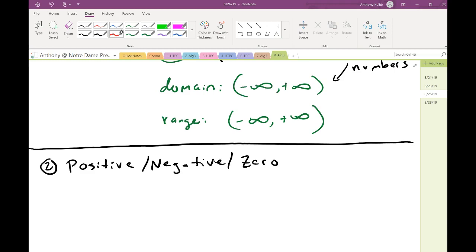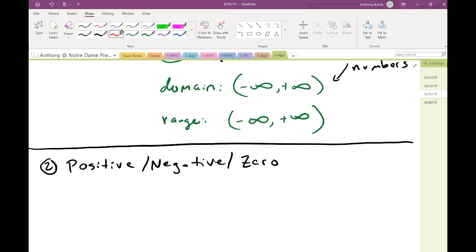So when we say positive, negative, 0, positive means where the y-coordinate is positive. Negative means where the y-coordinate is negative. And 0 means where the y-coordinate is 0.